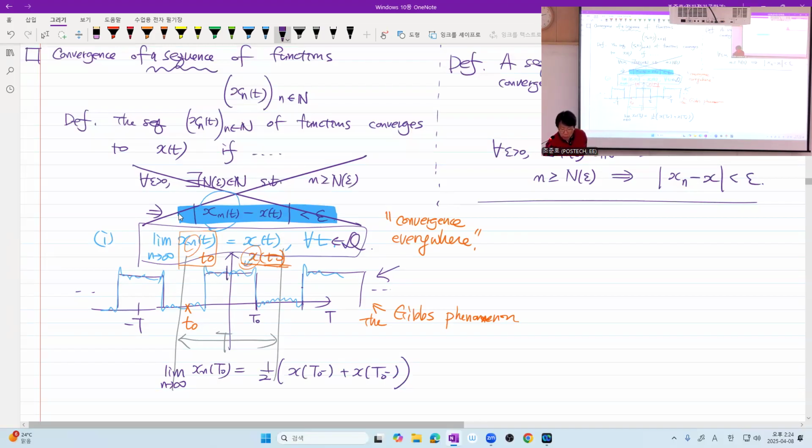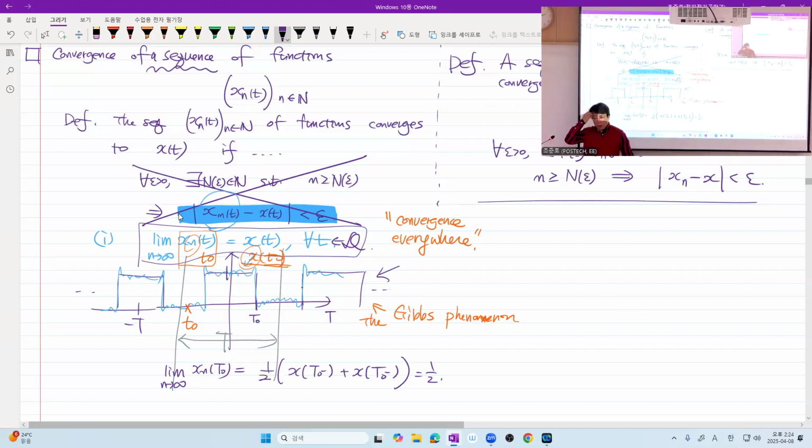So if the height is 1, then you had 1/2. Got it? So your left-hand side does not converge to the right-hand side. On the right-hand side, of course, you may have defined the value as 1/2, but probably you used this value or that value, 1 or 0.